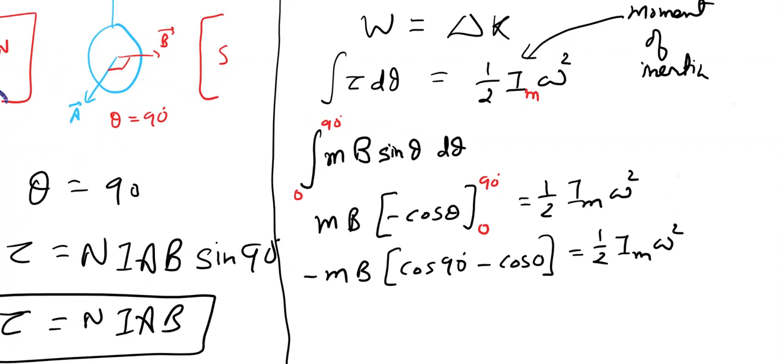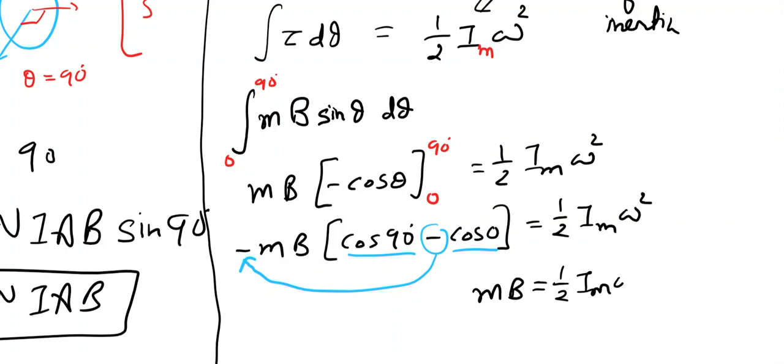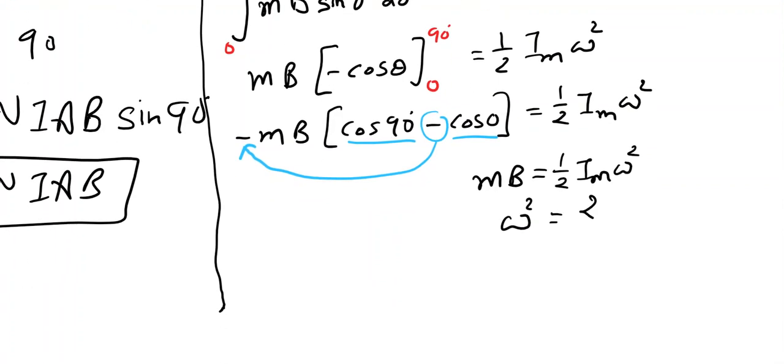Now, if I make omega the subject of the formula, we know that cos 90 is 0 and cos 0 is 1. With this negative sign, it will be minus 1, but then I have one more negative sign. So ultimately, the left side becomes simply mB equal to half I_m omega square, and hence omega square is 2mB by I_m.